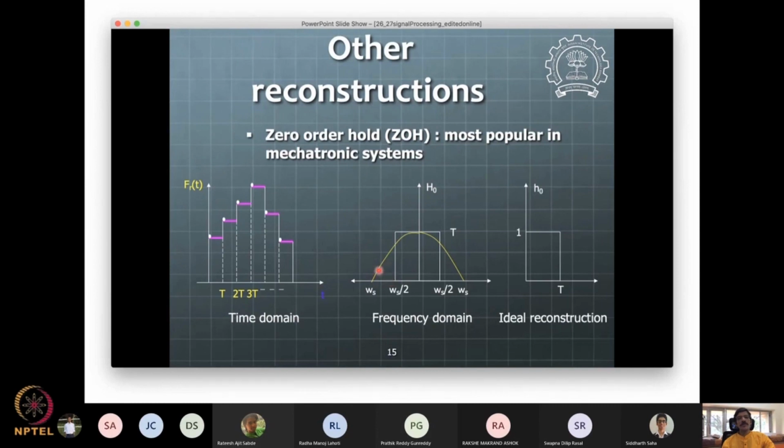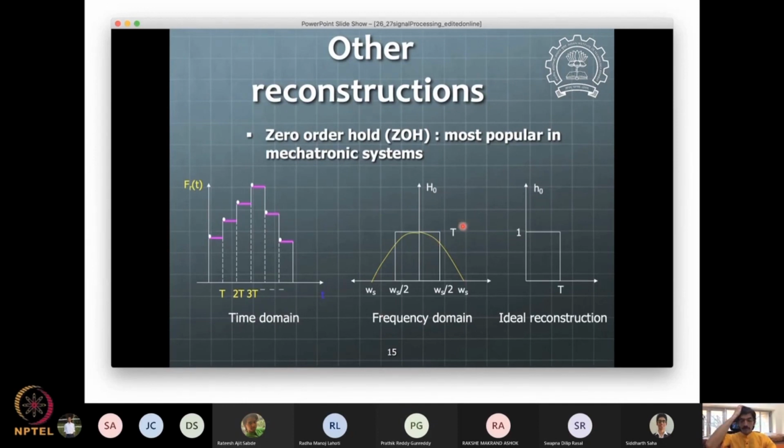Even if the signal is not aliased, there will be some part of the signal coming here. That part will also get some representation in the zero order hold kind of domain. That is the meaning one can think about. So this is a filter.